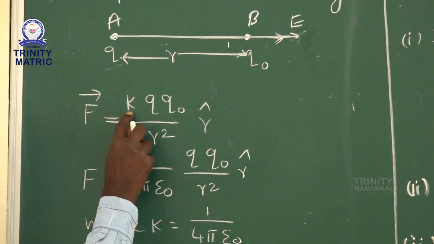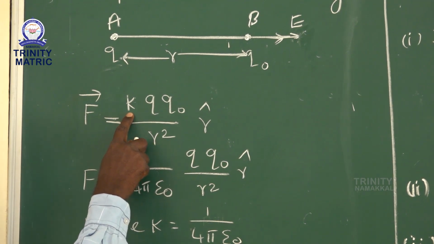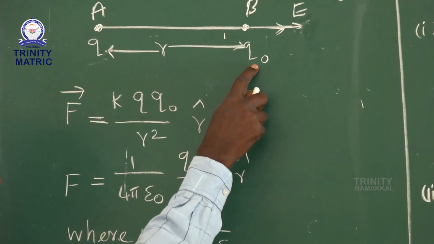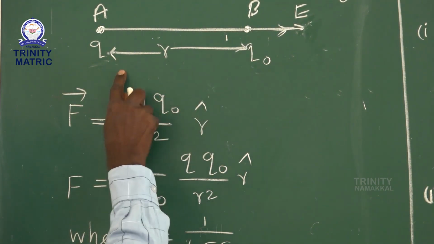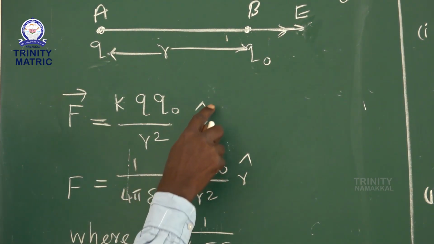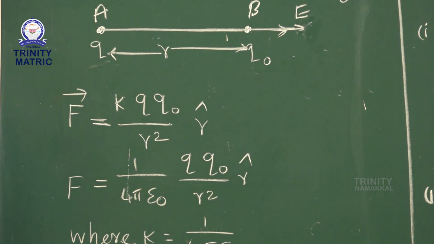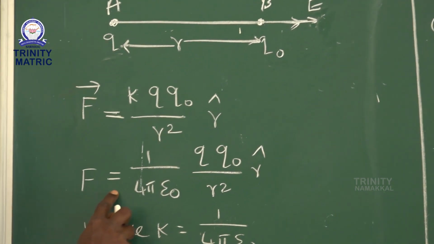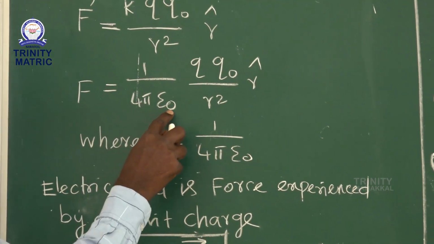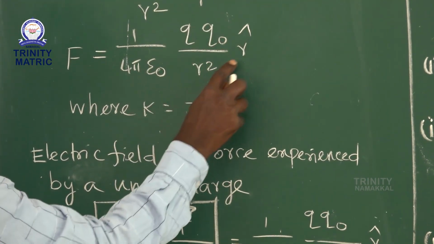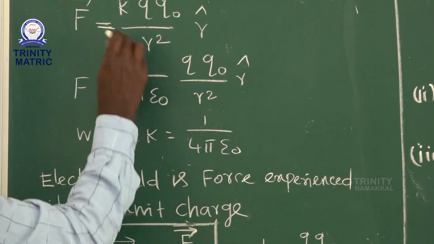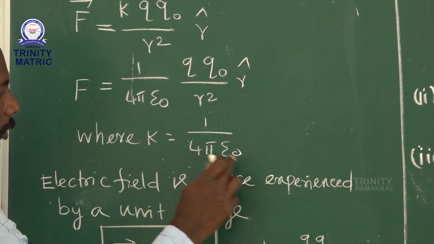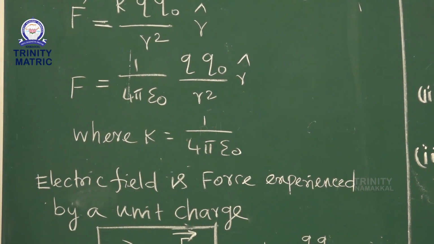You know already K is the constant of proportionality, Q is one of the charges, Q naught is the test charge, r is the distance between these two charges, and r cap is a unit vector. Rewriting this equation, F is equal to 1 by 4 pi epsilon naught Q Q naught by r square into r cap, just substituting the value of K, where K is 1 by 4 pi epsilon naught.